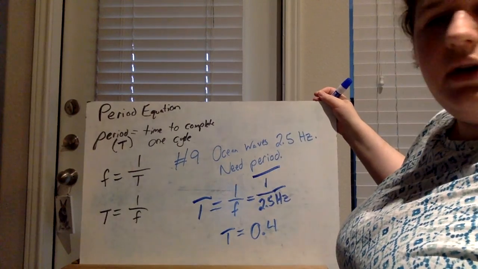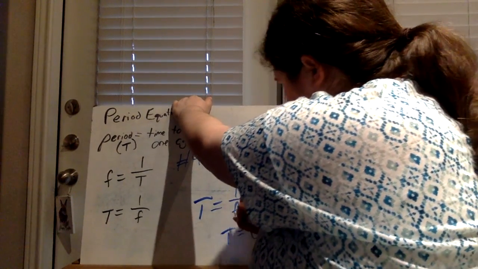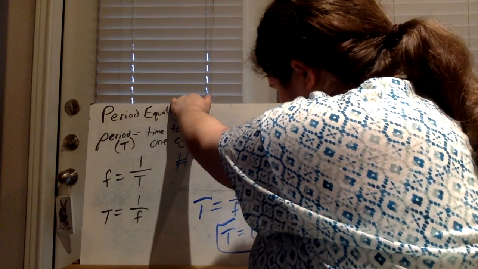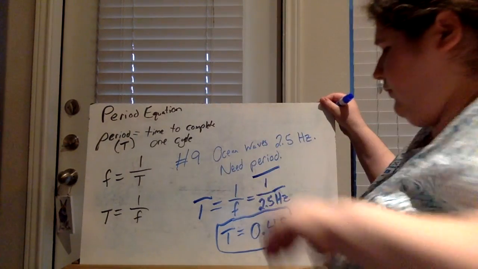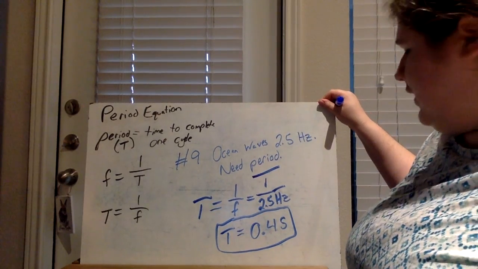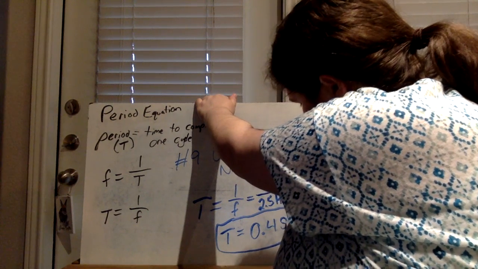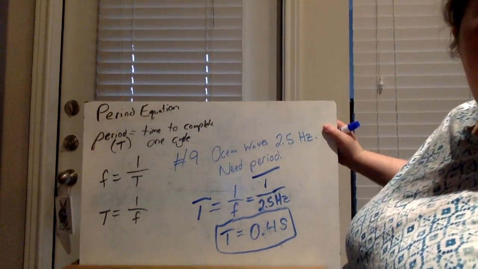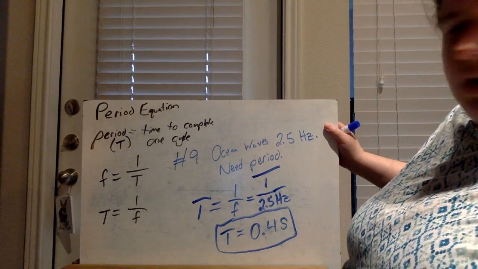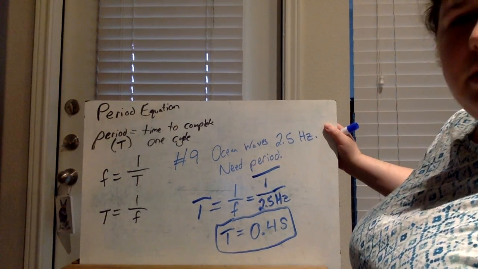My unit for period is going to be seconds. So that's 0.4 seconds. That's all it takes to solve for the period.